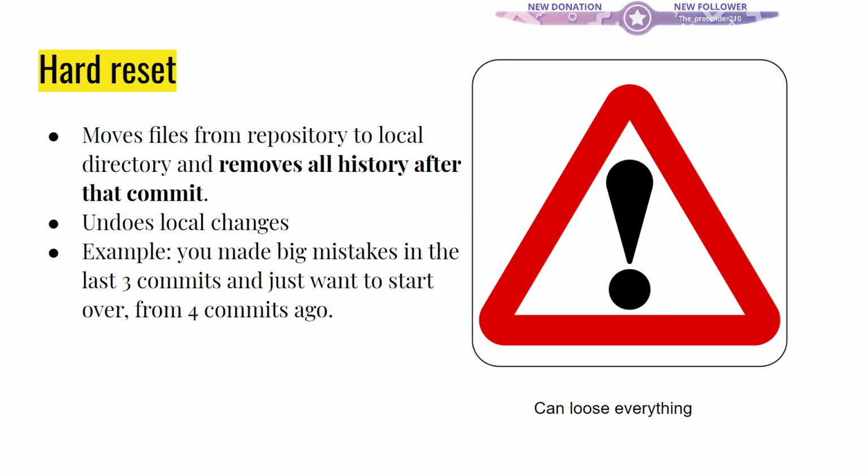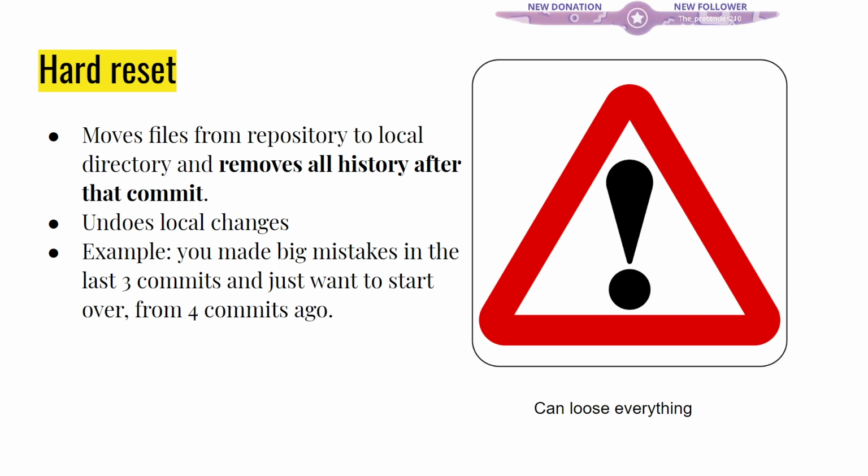So hard reset is like a history deletion. You will lose your progress if you do it recklessly. So it undoes changes, and I made a mistake. It's not just local changes. It undoes all changes up to a certain selected commit.